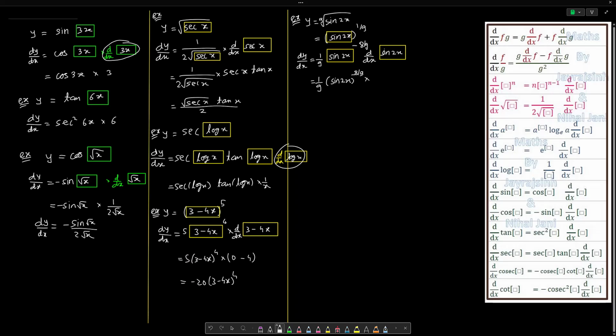Differentiation of sin 2x? 2x box. Yes, but here see, for 2x use the coefficient method: cos 2x into 2. Okay, so this is your answer, ta-da.